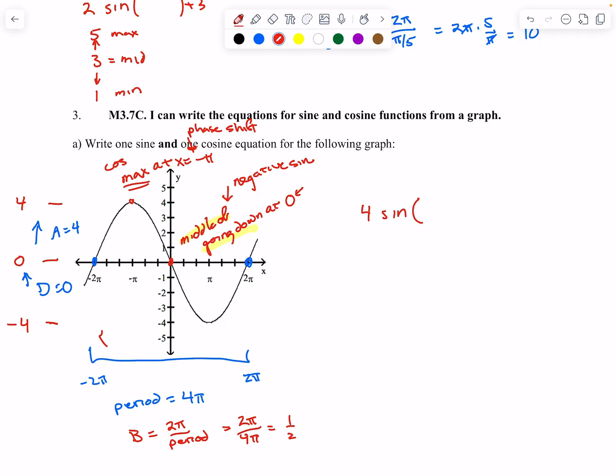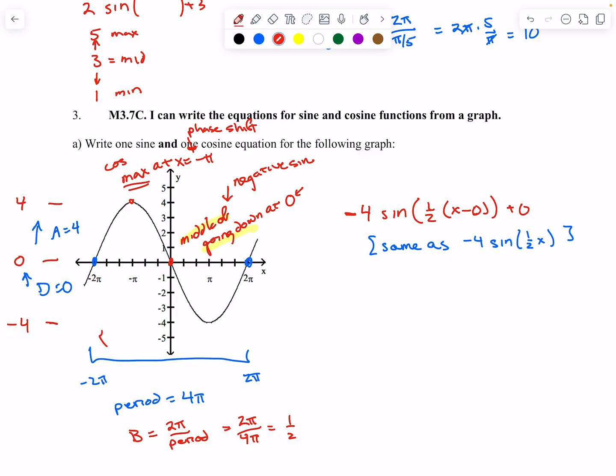In the middle of going down, so that's negative sine, 1/2. You can say x minus 0, or you can just say x. Doesn't really matter. And of course, the plus zeros and the minus zeros don't do anything, so you don't really need those.